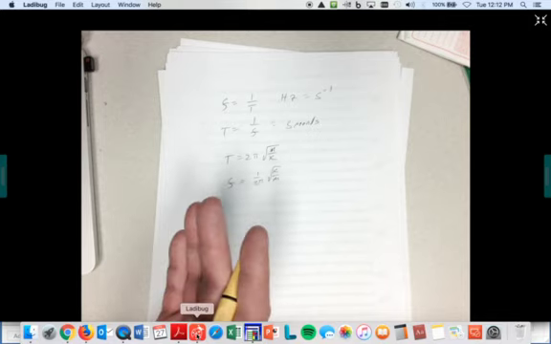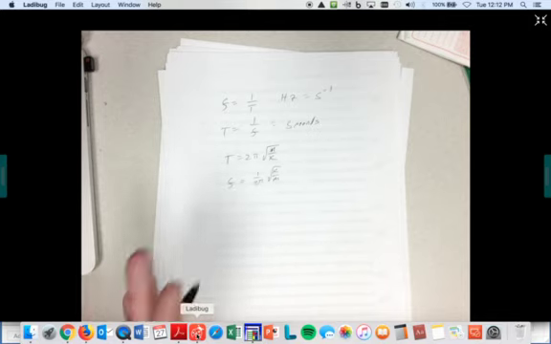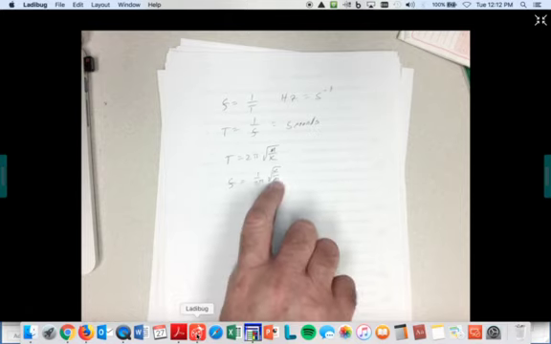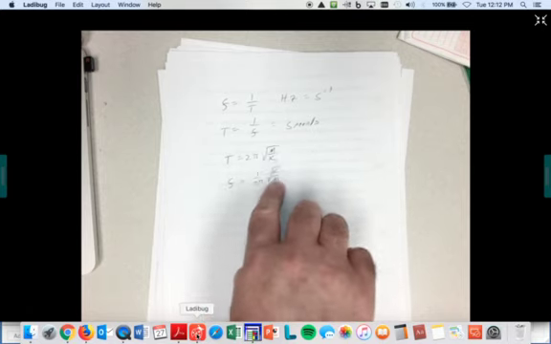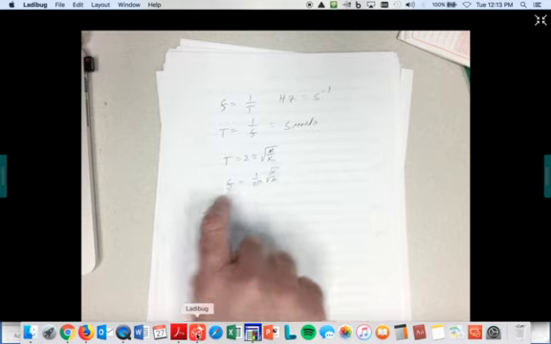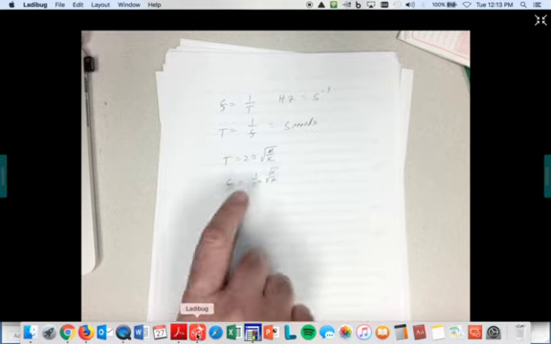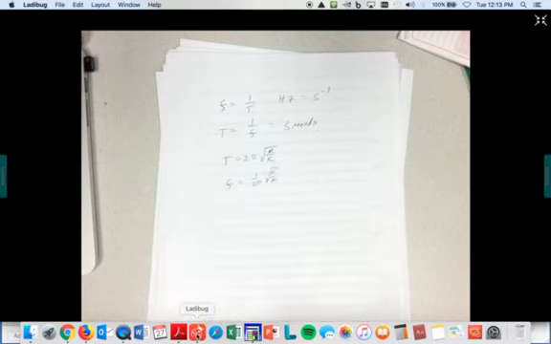Frequency is the number of trips it makes back and forth in a second. And the period is how long it takes to make a trip. So if the mass gets massive here, then the frequency is going to get really small. If you make the mass really small, it goes back and forth really fast, and so the period is much shorter.